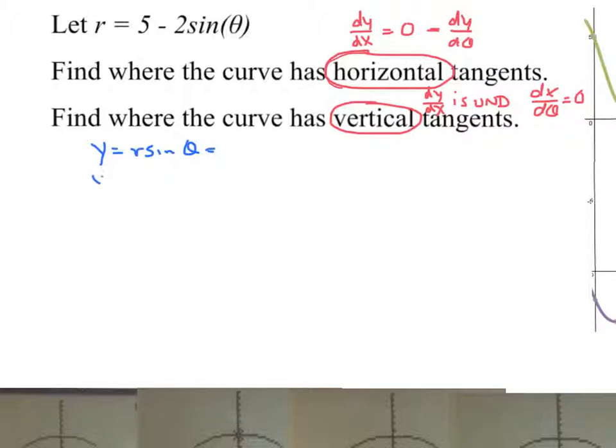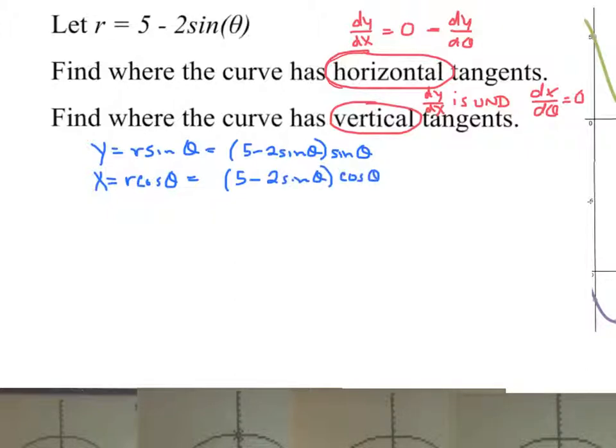Now, we have to remember that y is equal to r sine theta, and x is equal to r cosine theta, meaning that for us, r is 5 minus 2 sine theta, and we've got that sine theta at the end. So there's our r sine theta, and then x would be r cosine theta.